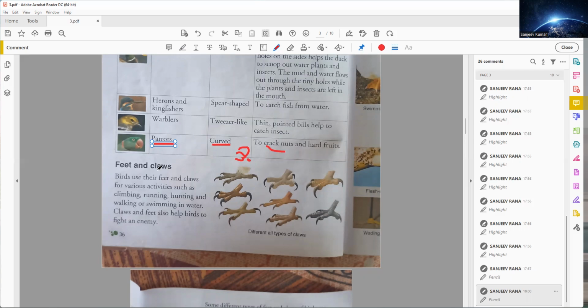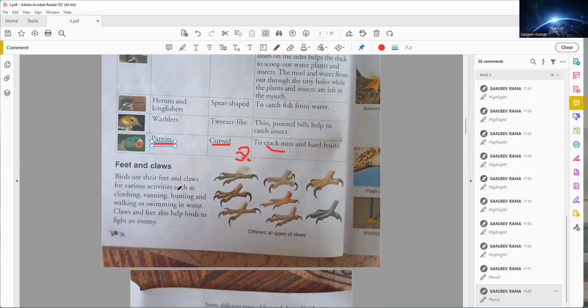Those who do javelin throw, ball throw, or discus throw will have strong hand muscles. So according to the things they want to do, our body or our muscles are modified in that form. Same as birds, their feet and claws are modified, the way they eat, the way they have their activities.